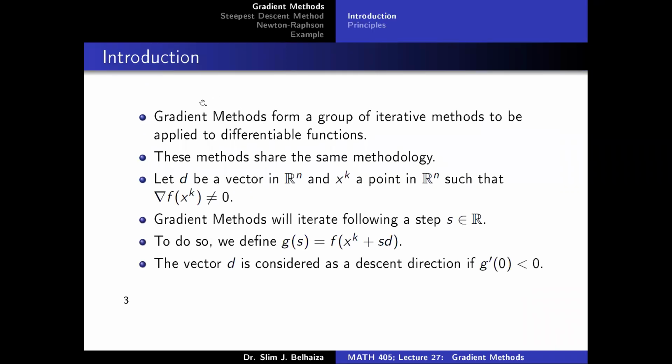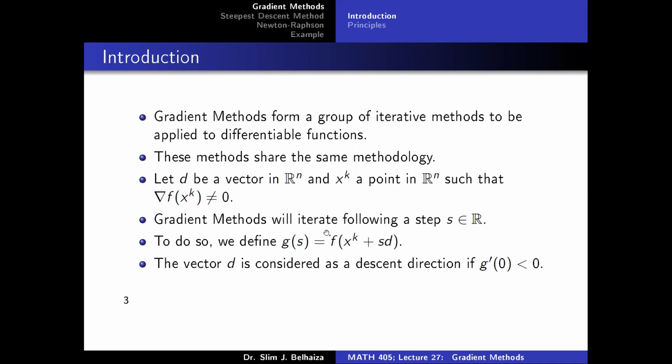So first of all, as an introduction, I would say that gradient methods form a group of iterative methods to be applied to differentiable functions. And these methods commonly share the same methodology. So let d be a vector in Rn, and xk be a point in Rn such that the gradient of f at xk is not zero.